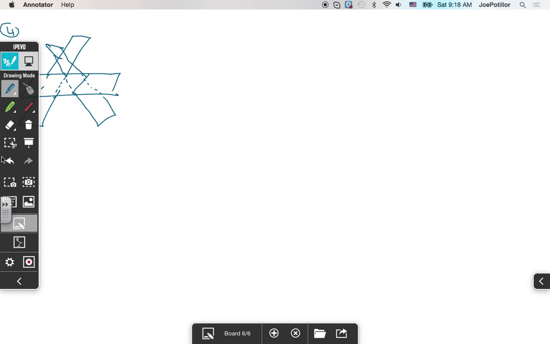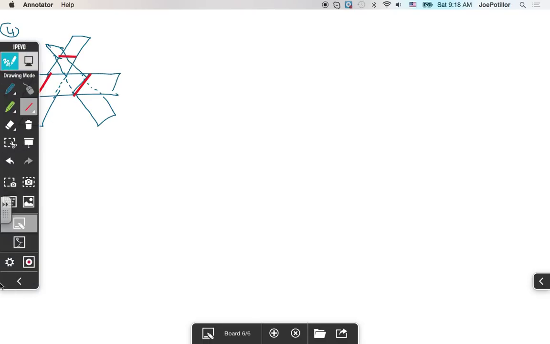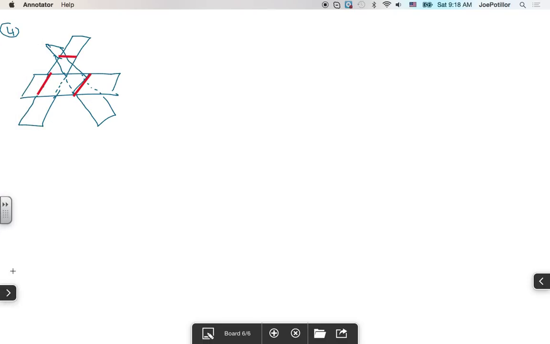So let me get my red out. I apologize for such a bad drawing here, but you just have to bear with it. This is also consistent, but with 3 lines as a solution or a point.